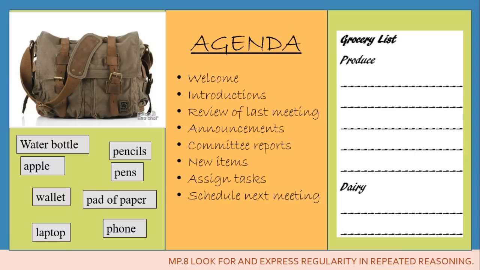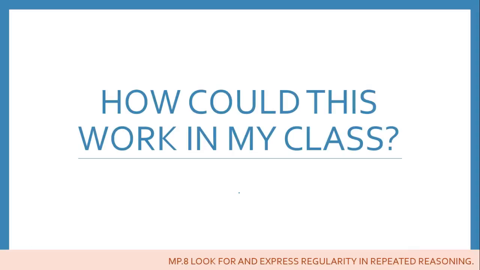Now that you've got a sense of the meaning of this practice, let's look more deeply into what it means to look for and express regularity in repeated reasoning. I'll highlight 3 features of this mathematical practice, as well as example activities at different levels that work with each feature.